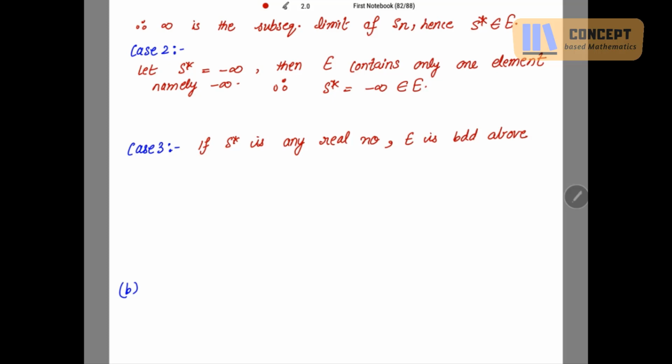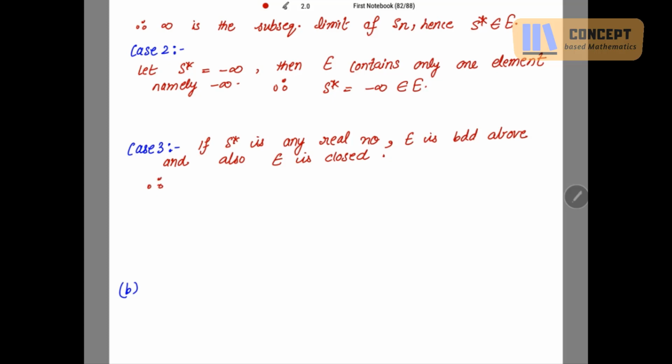And we also proved in the previous theorem that if such a thing happens, then E is closed. That is, if E is the set of all subsequential limits of the sequence Sn, then E is closed. You can check the previous theorems in the previous videos.